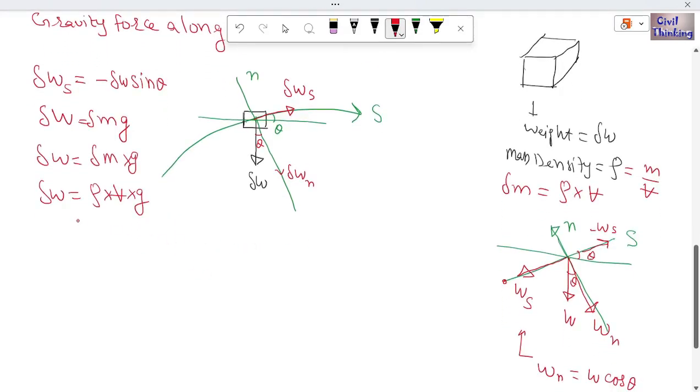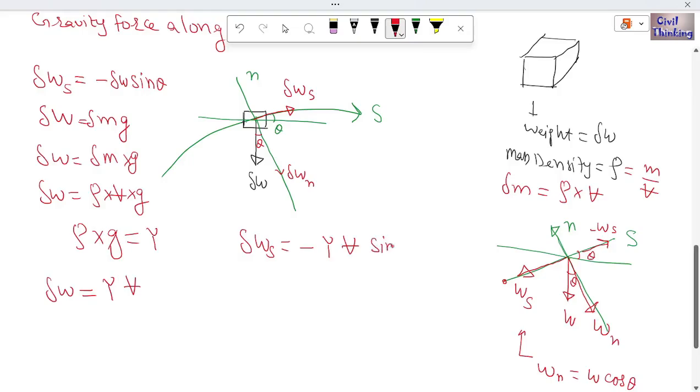Now what is rho times g? Rho times g is density times acceleration due to gravity, which is the unit weight, gamma. So delta W is going to be gamma times V. From here, delta Ws is going to be negative gamma V dash times sine theta.